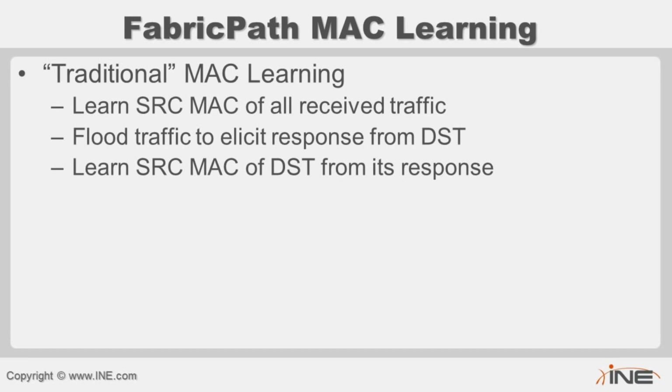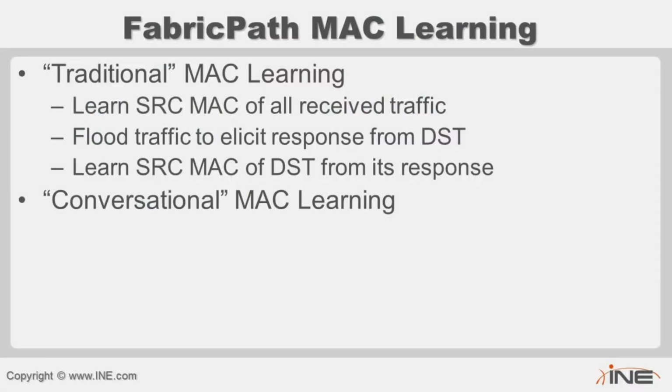So based on this unknown unicast flooding behavior, this is how our normal traditional layer 2 Ethernet switches are able to build their MAC address tables or their CAM tables for layer 2 switching. Now in the case of FabricPath, we have a little bit of change in this behavior, which is now known as conversational MAC learning.